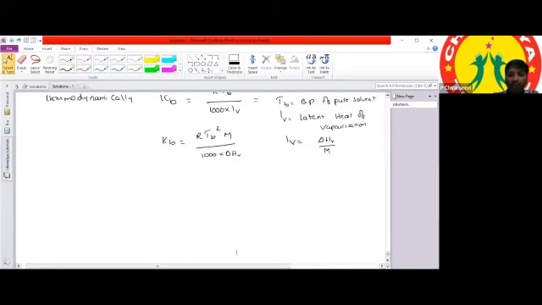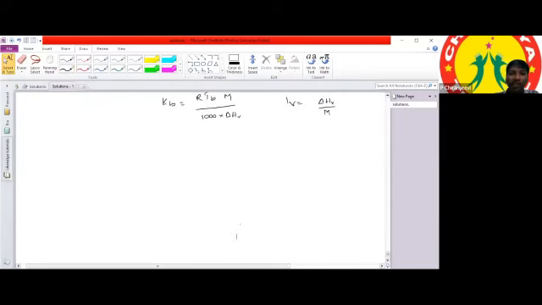In the laboratory, how are we going to calculate the elevation of the boiling point temperature? The method we are using here is the Landsberger method. Okay, note it is an important point here. In laboratory, ΔTb can be measured by using the Landsberger method.